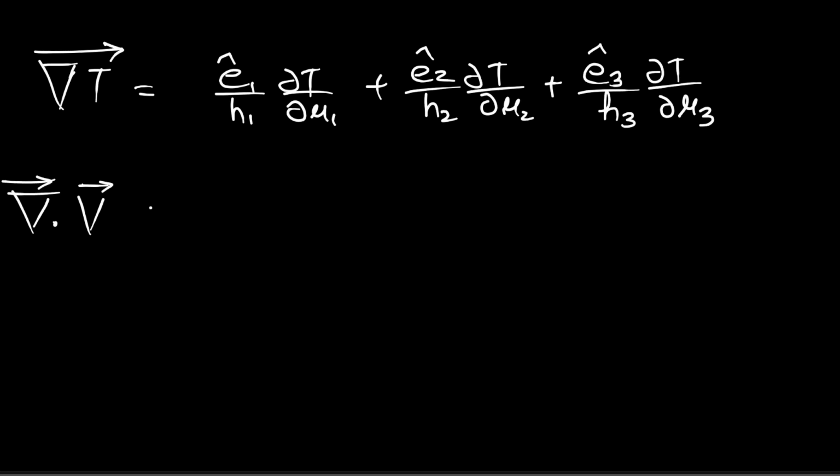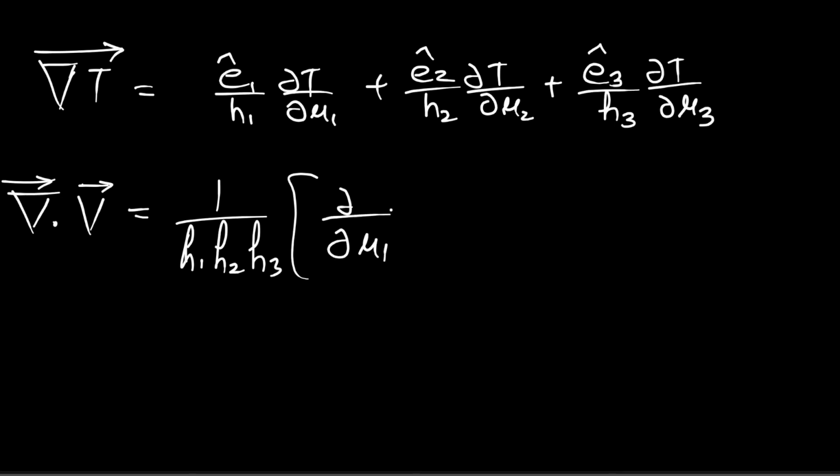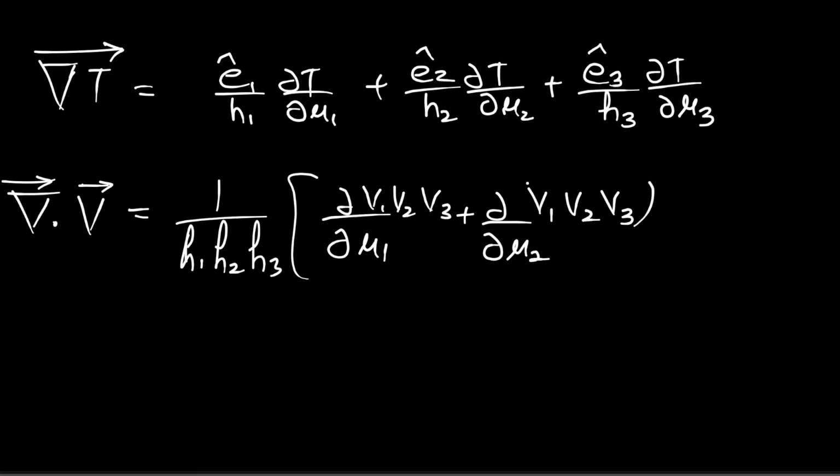It comes out to be, obviously, a scalar quantity, 1 by h1 h2 h3, and then you have to differentiate with respect to u1, and these are the respective components, v1 v2 and v3, plus curly by curly u2 of h1 h3 v2, and plus curly by curly u3 of h1 h2 v3.